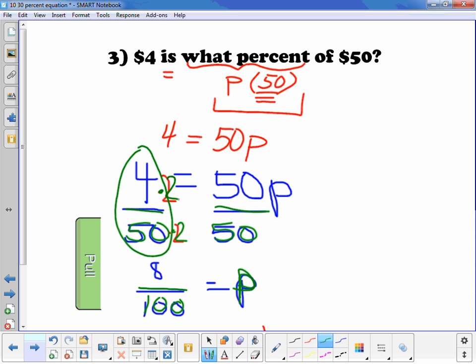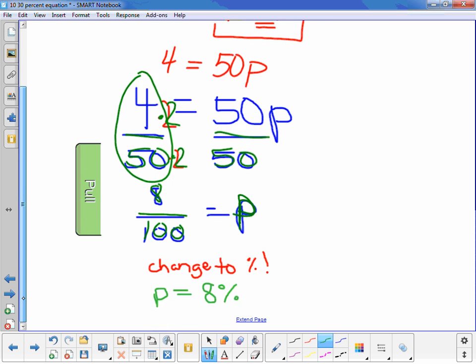And then if I multiply the numerator by 2, that would be 8 out of 100. And 8 out of 100, I need to remember to change it to a percent, so move it to the right or read it, 8%. So number 3 would be 8%.